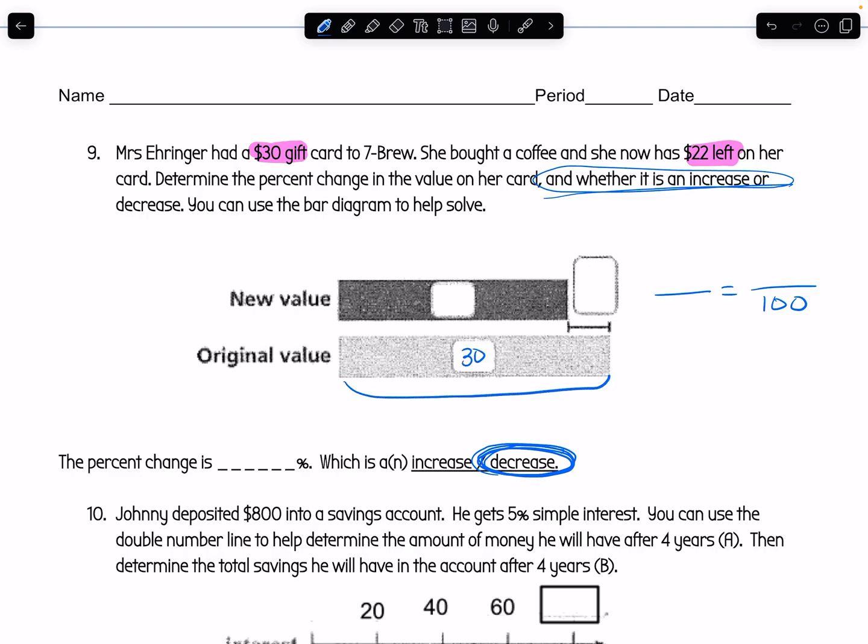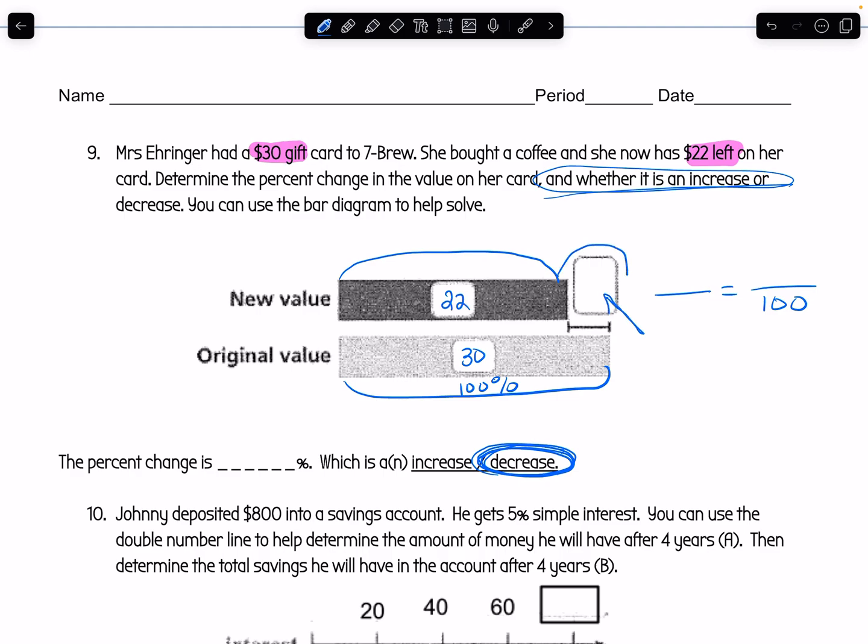So this is my 100%, right? This is what I spent, which was $22.